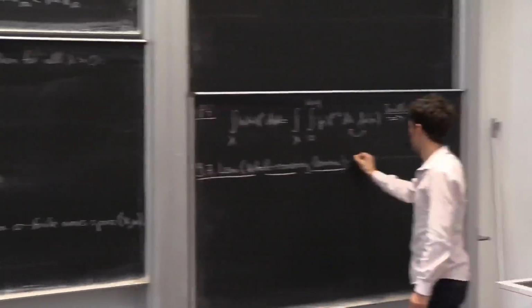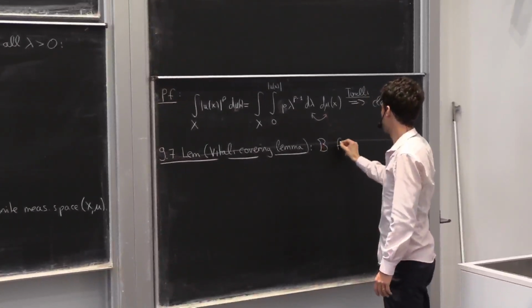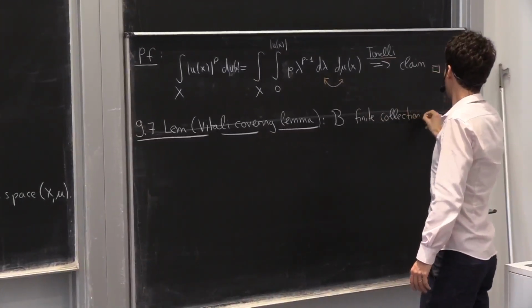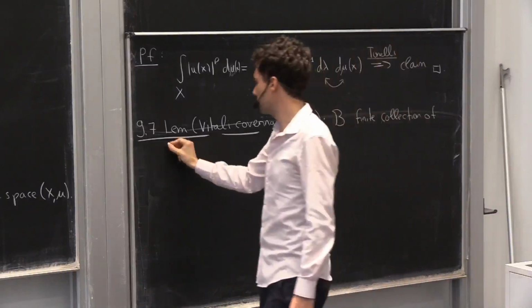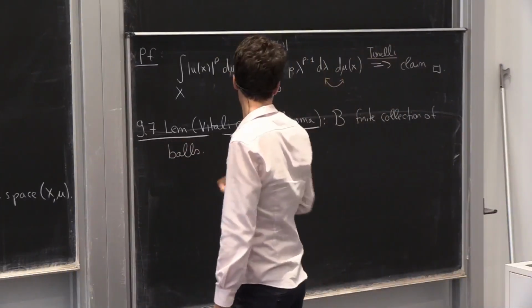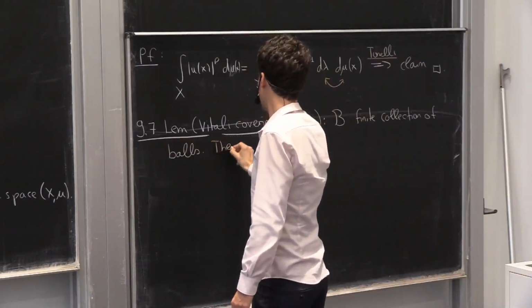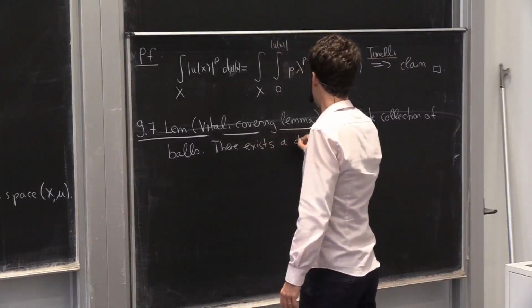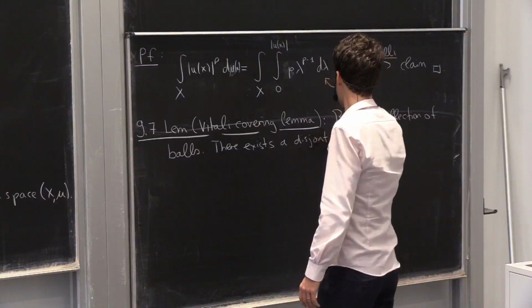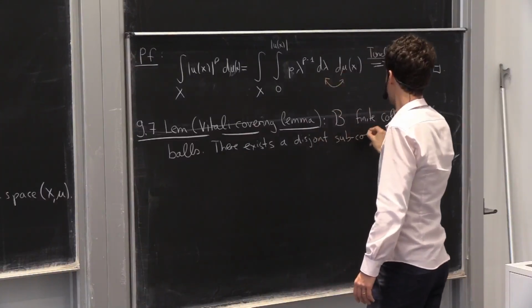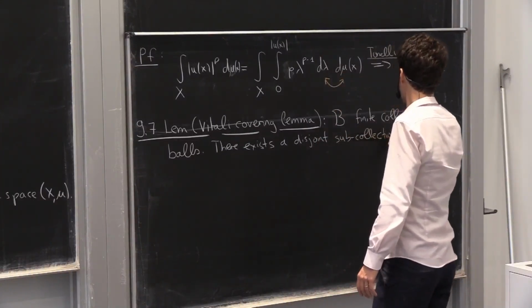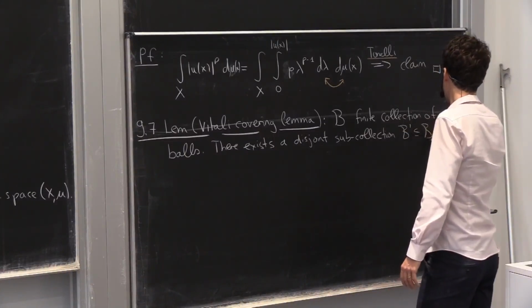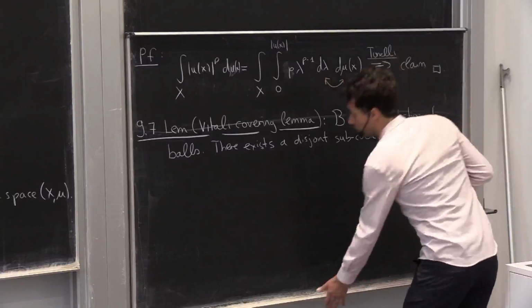Let script B be a finite collection of balls, recalling that balls for me always means open balls. Then there exists a disjoint subcollection script B prime of B with the following property.